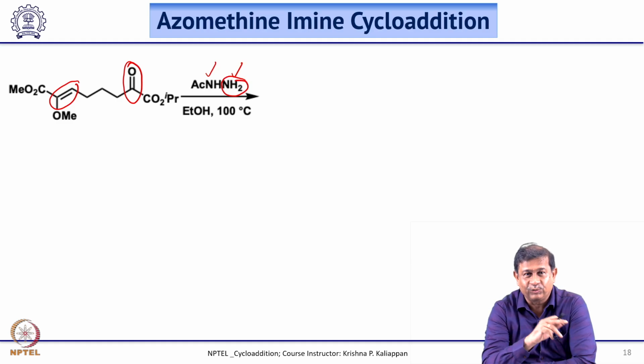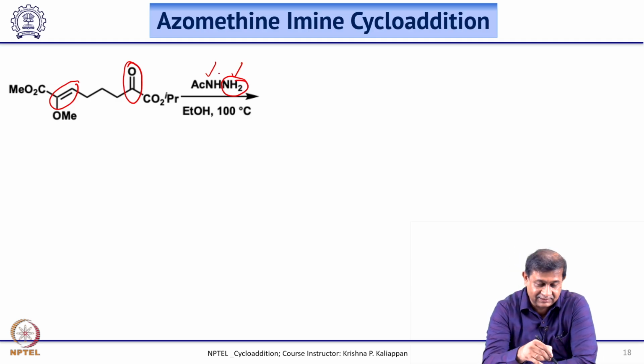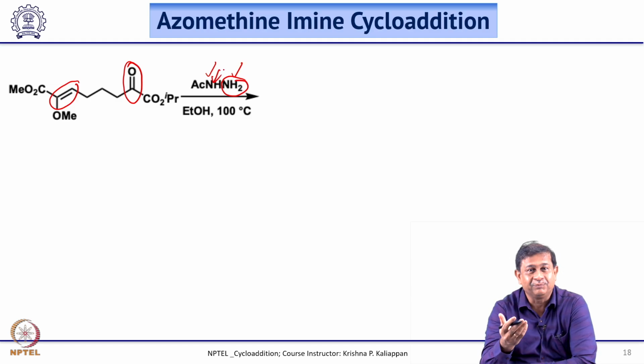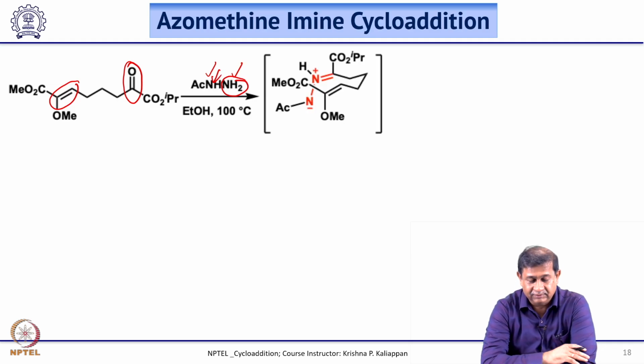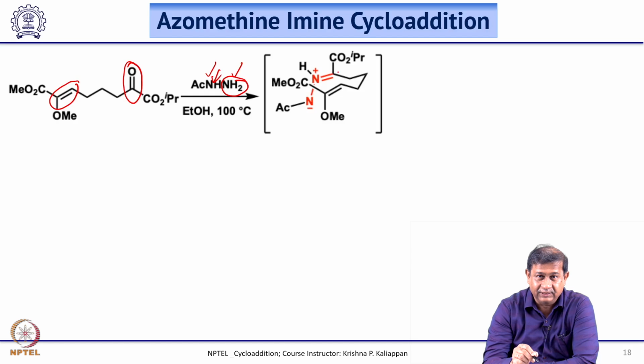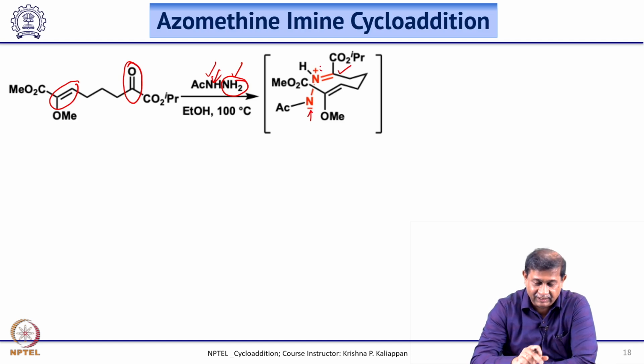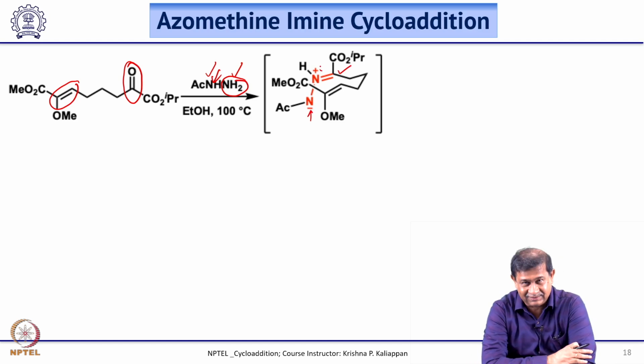Then internal proton transfer will take place to form an iminium ion, and this N will become N minus. So the NH2 reacts with the ketone to form this imine. From here, the H goes to the next nitrogen to form the iminium. At the same time, it forms N minus.